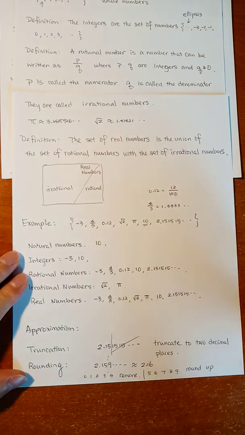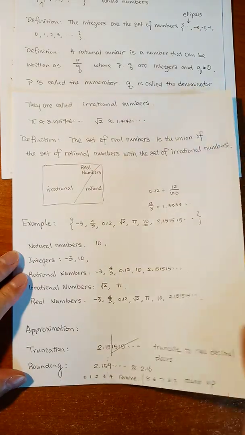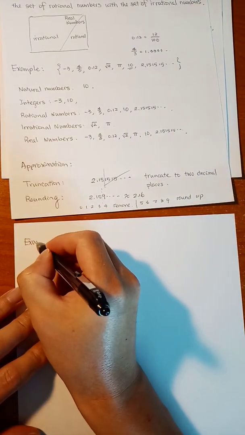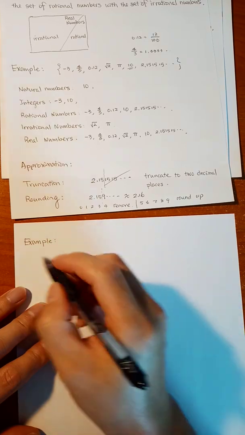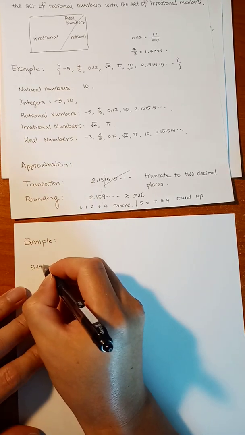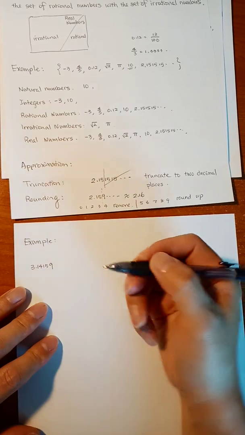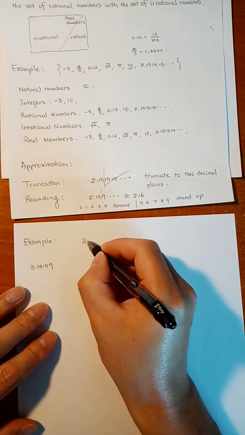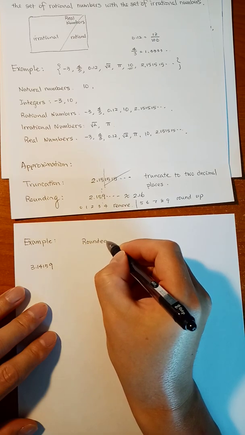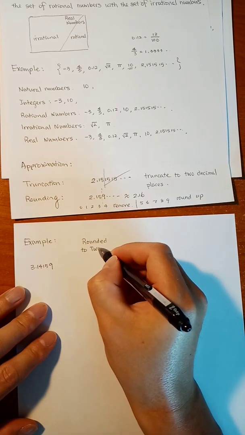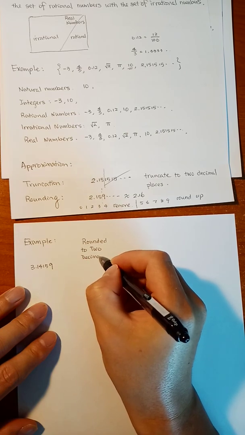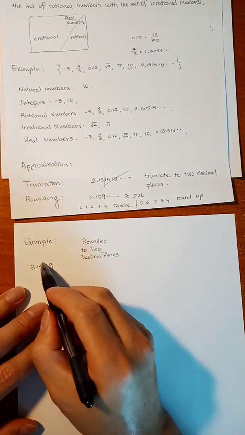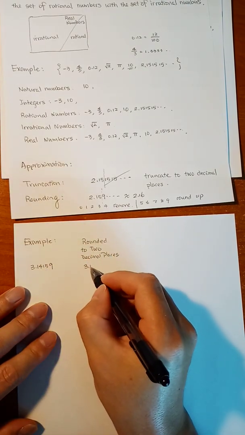Okay? So for example, if we have this, it's simple stuff. If we have rounded to 2 decimal places, you see here it's 3, 1, 4.